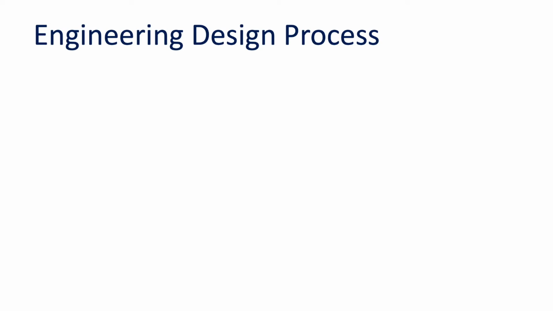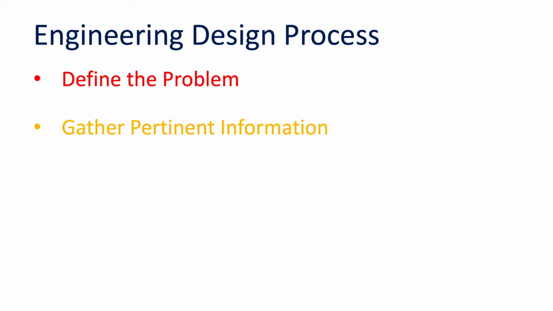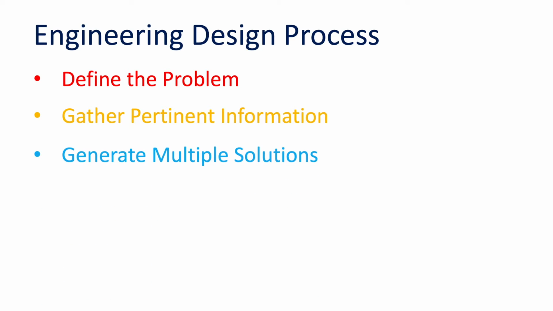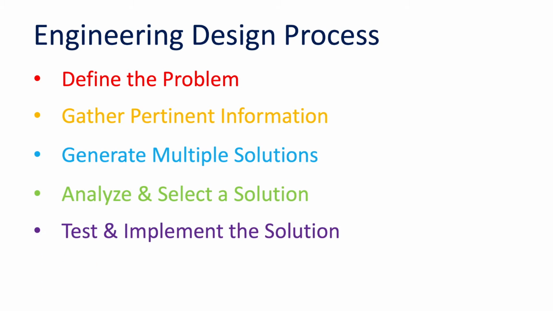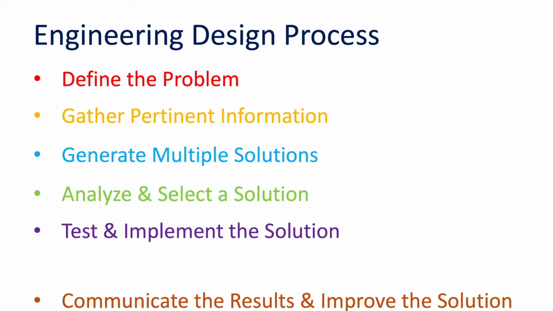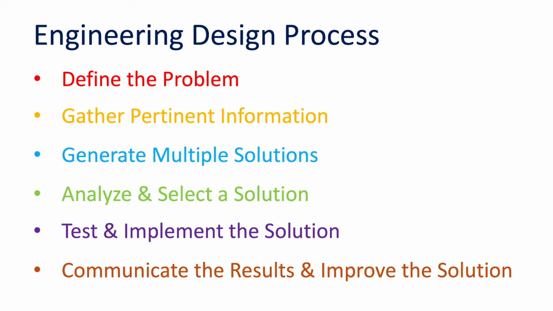For our case, we're collaborating with engineers at the University of Alabama at Huntsville to gain more knowledge and prepare for this mission the proper way. One fundamental element for this mission is the engineering design process. This consists of 6 basic steps: defining the problem, gathering pertinent information, generating multiple solutions, analyzing and selecting a solution, testing and implementing a solution, and finally communicating results and improving the solution.